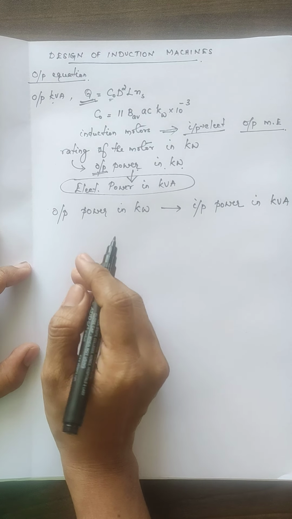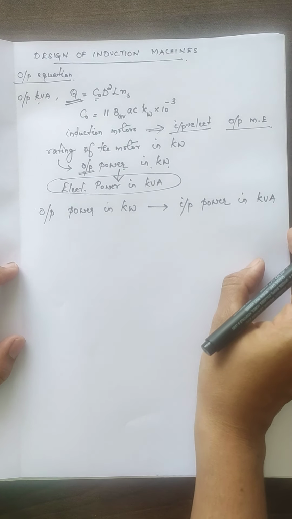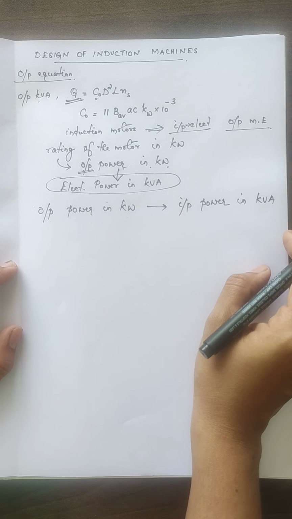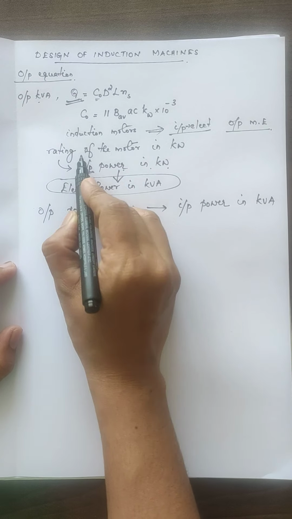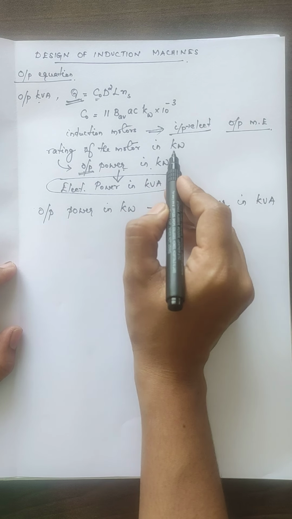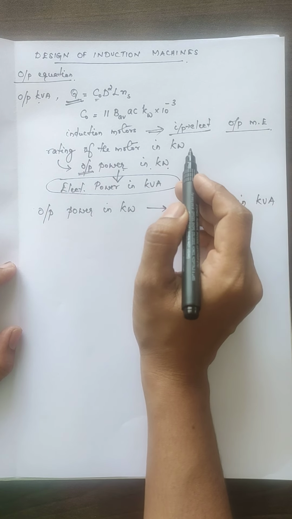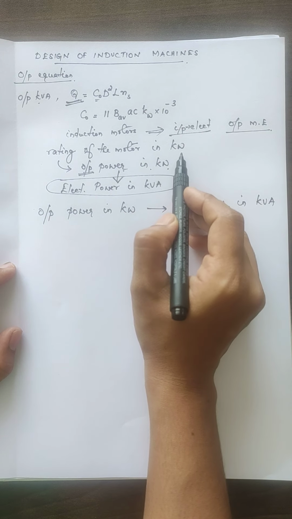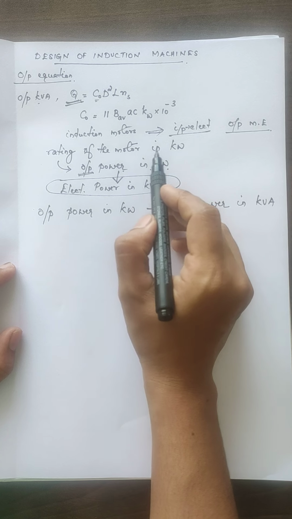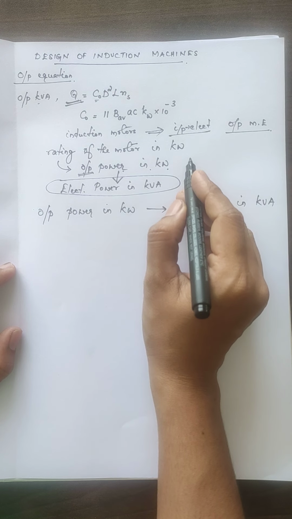For designing an induction motor, the required rating of the motor will be given in kilowatt. When a customer is demanding a machine, the required output power in kilowatt will be given.